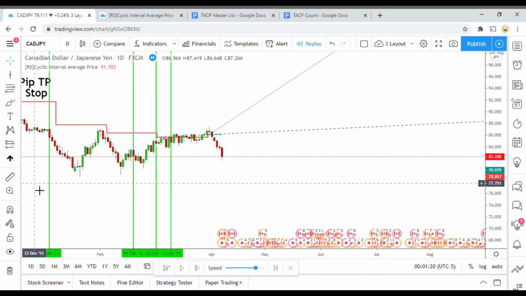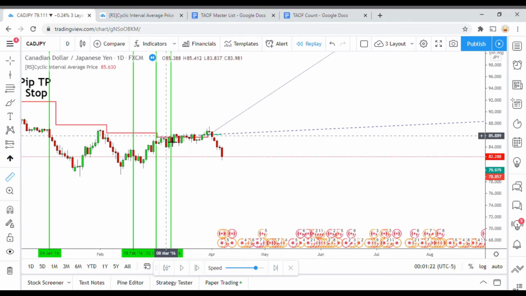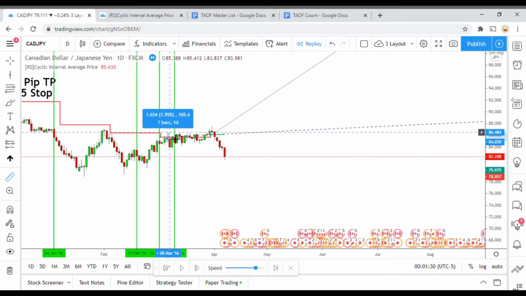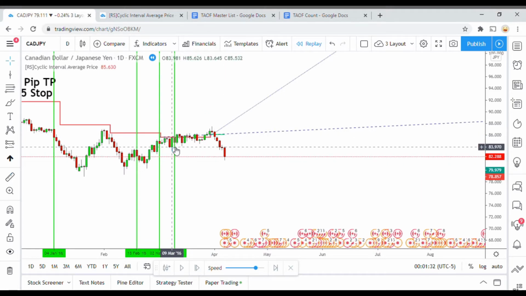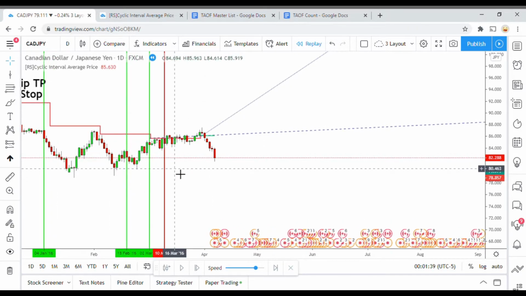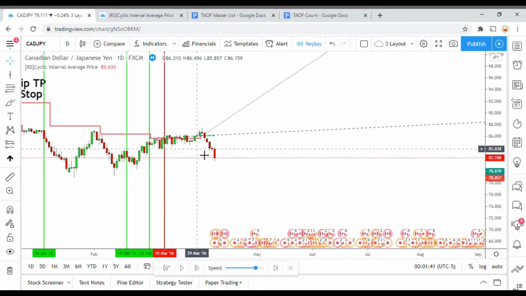All right, riding it out, and it looks like, let me see, make sure we didn't, nope, unfortunately, 135 stop, that one would have stopped us out. So that one did not work out in our favor, unfortunately.